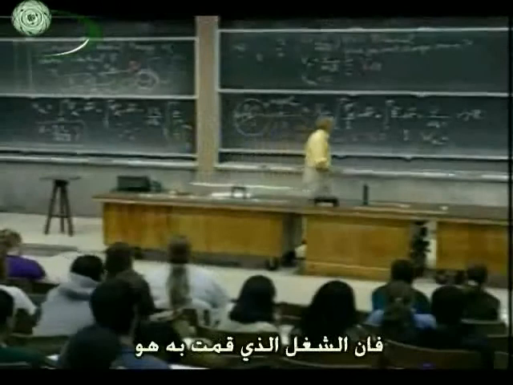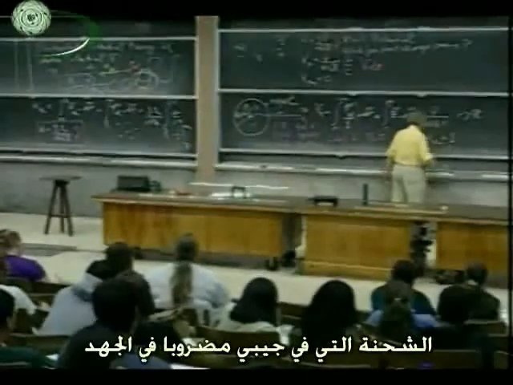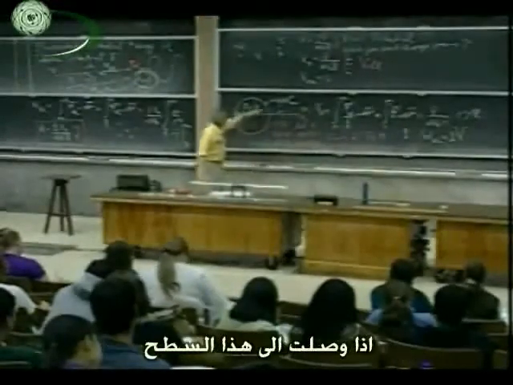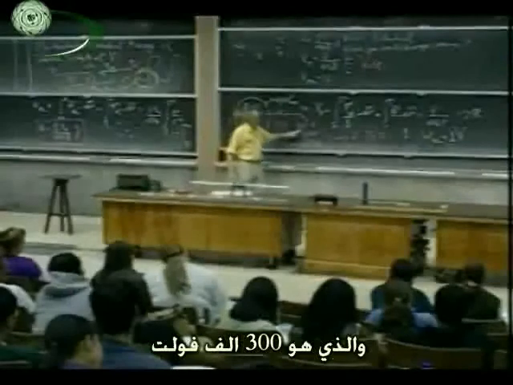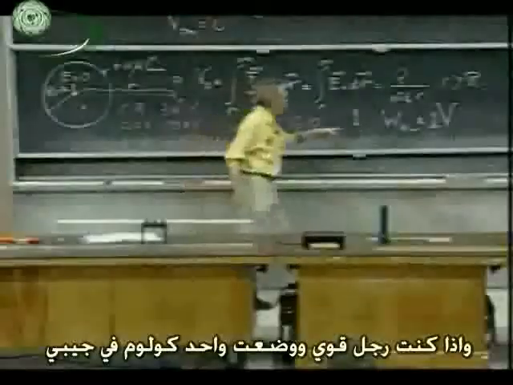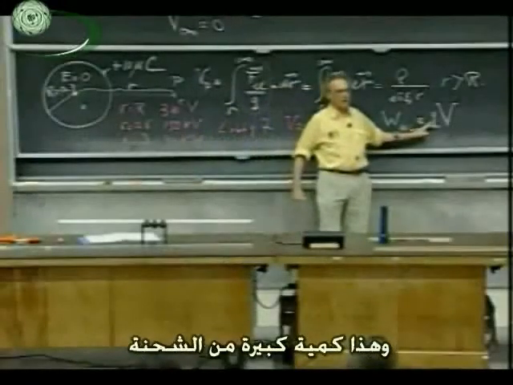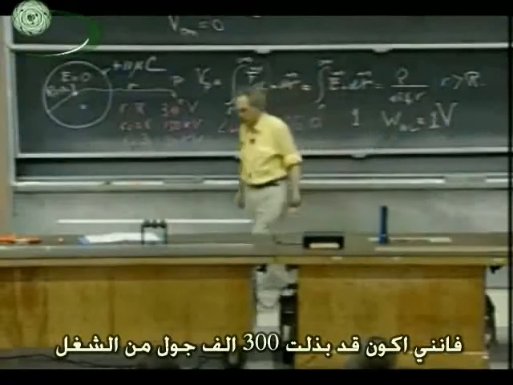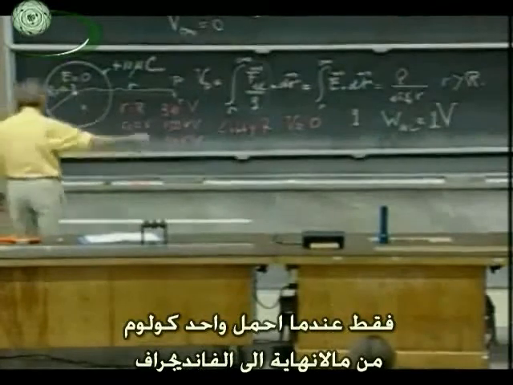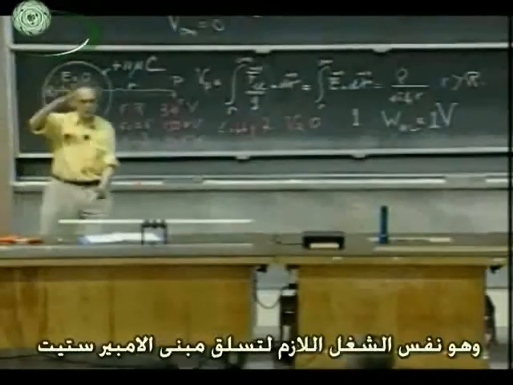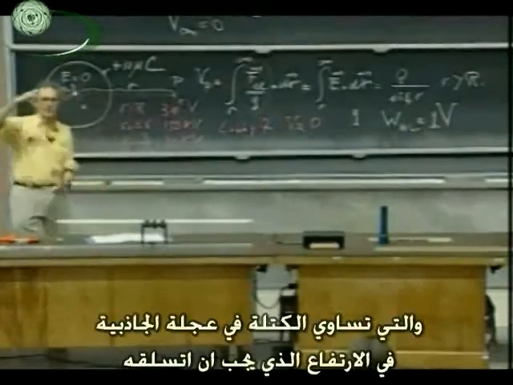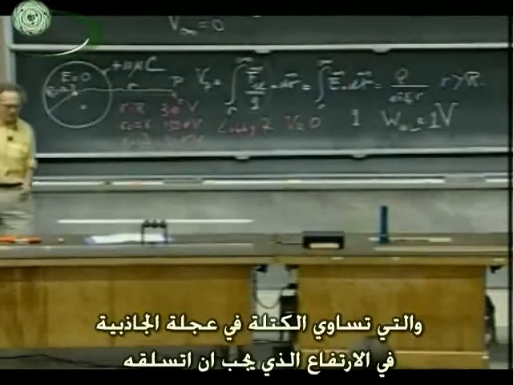And so the work that I have done then is the charge that I have in my pocket times the potential, in this case the potential of the Van de Graaff, if I go all the way to this surface, which is 300,000 volts. If I were a strong man and I would put 1 coulomb in my pocket, that's a lot of charge, then I would have done 300,000 joules of work by just carrying the 1 coulomb from lobby 7 to the Van de Graaff. That's about the same work I have to do to climb up the Empire State Building. It's the famous mgh, my mass times g times the height that I have to climb.